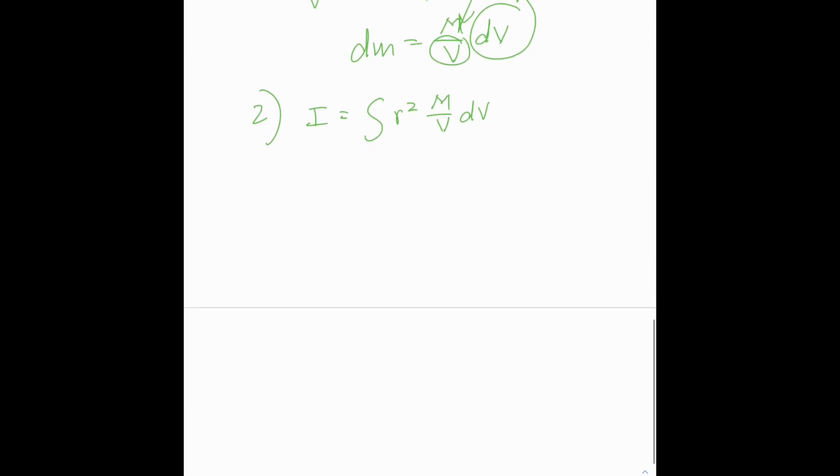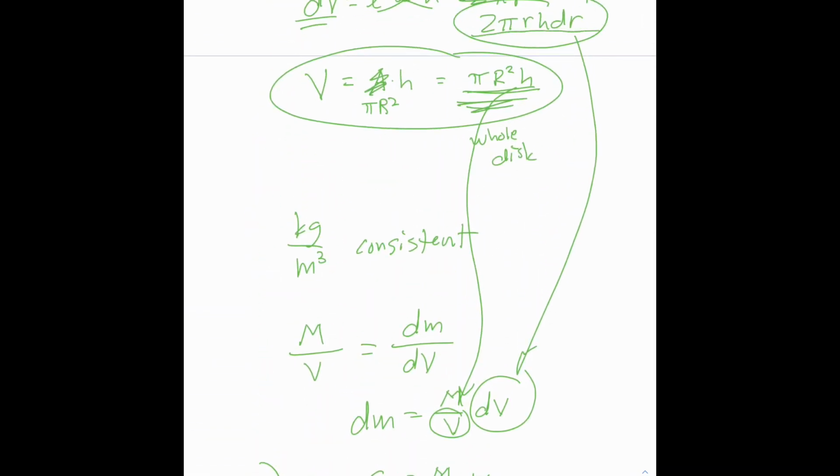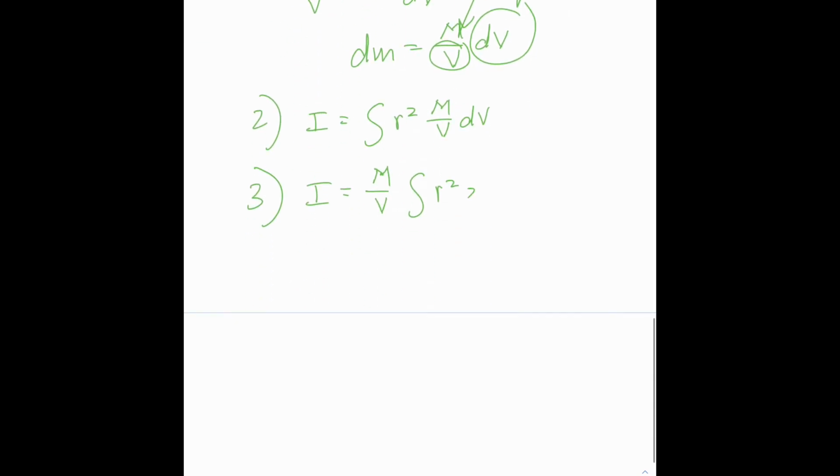Okay, so one substitution at a time. I equals capital M over V times the integral of r squared times 2 pi r h dr.